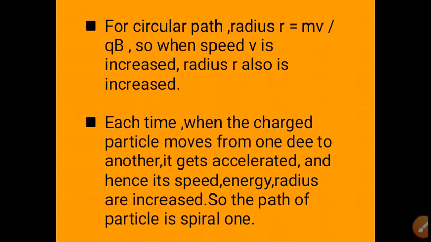We know accelerated means its speed is increased. So when speed is increased, radius also increases. Each time the charged particle moves from one D to another, it gets accelerated and hence its speed, energy and radius are increased. So the path of the particle is a spiral one.